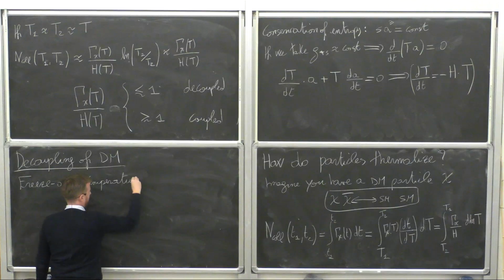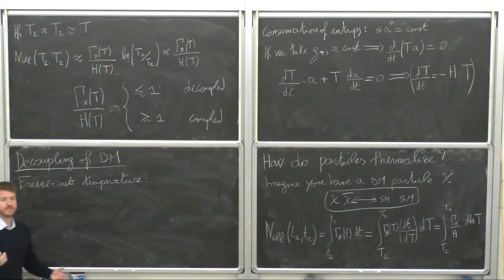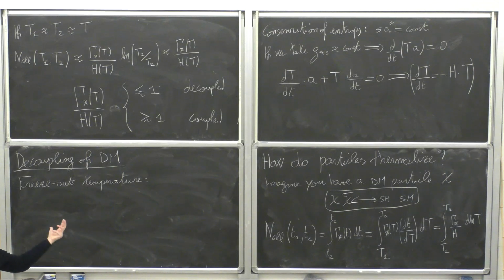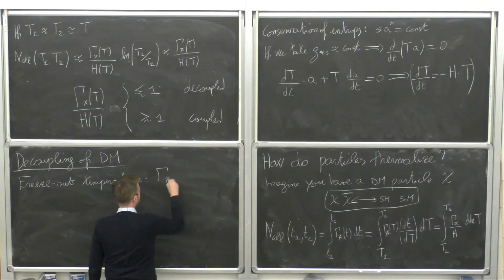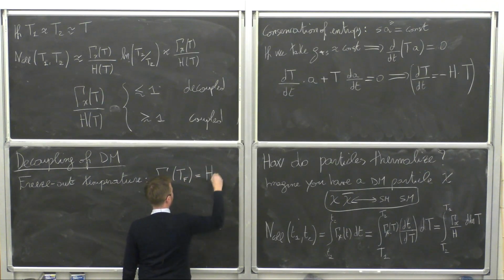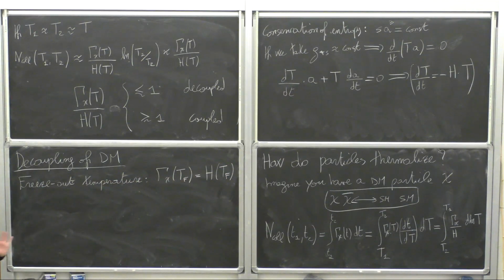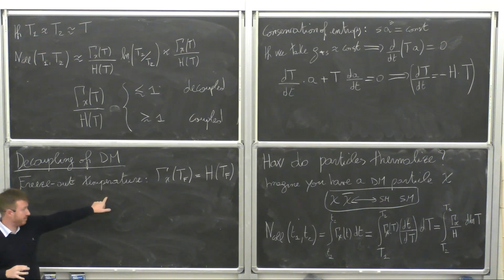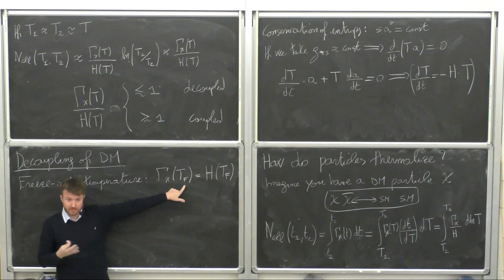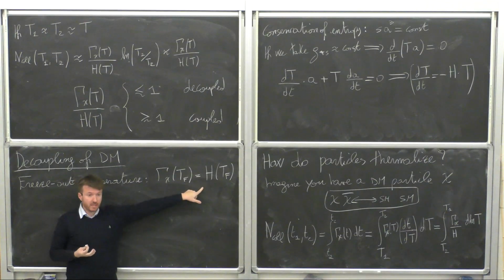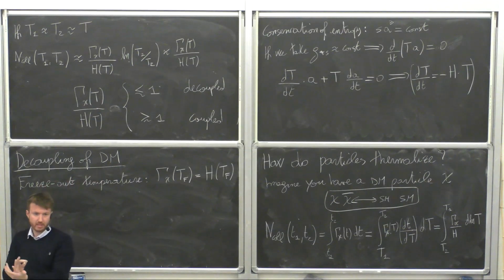So I am basically saying that the interactions responsible for keeping everything in equilibrium are freezing out, and this freeze-out temperature is defined from this condition. So when I evaluate gamma and H at Tf, which is the freeze-out temperature, so the subscript F is for freeze-out, when these two rates are equal, that's the moment when they decouple.